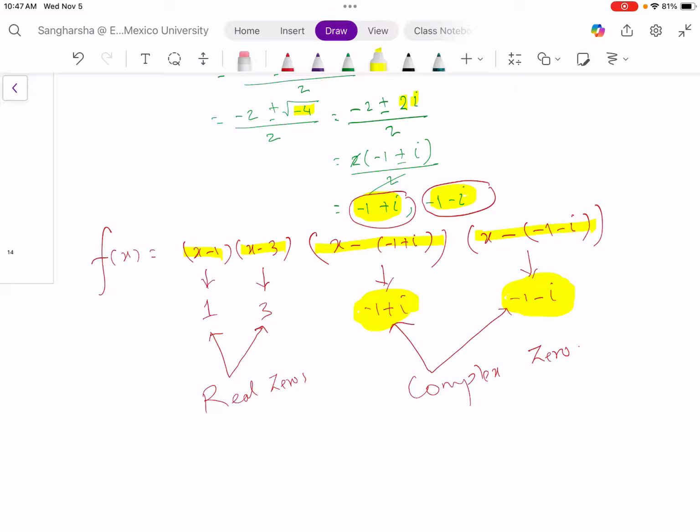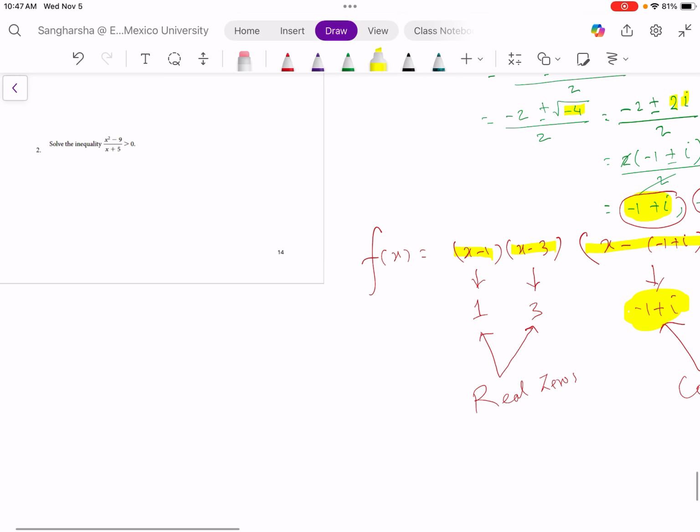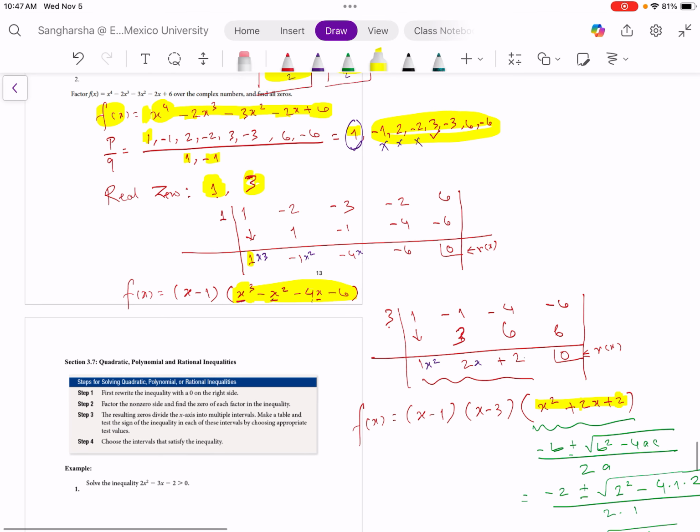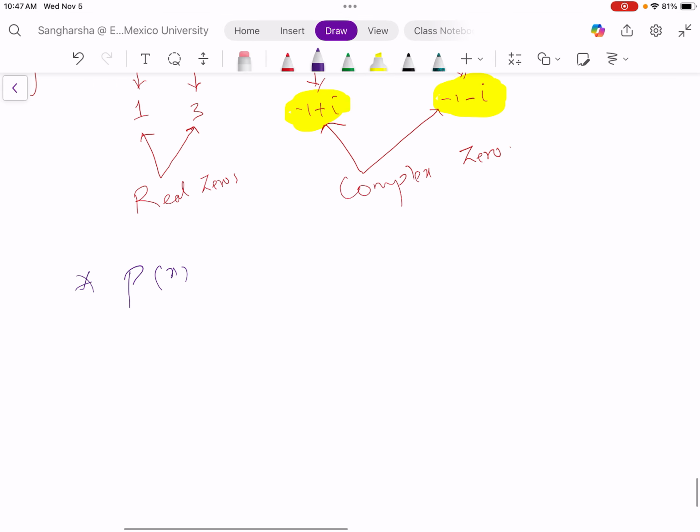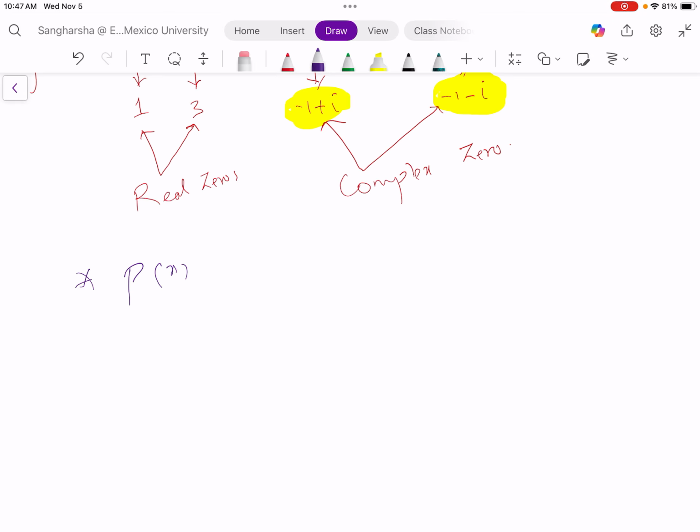Now from here what we can conclude is that, let's say we have some polynomial function p of x. We don't know what it is, but we have that function. And let's say p of x has one complex zero, which is negative 3 plus 2i.